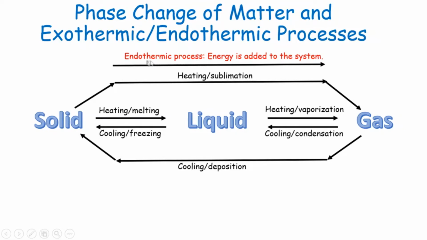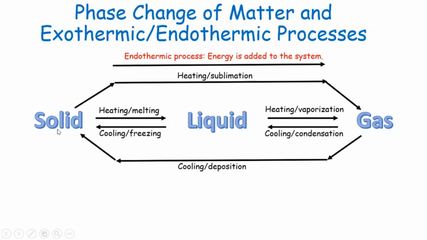So in an endothermic process, energy is added to the system. What is the system? In this case, the system is a solid, liquid, or gas. When ice receives energy in the form of heat, it melts into water. When water is heated, it again receives energy and becomes vapor. So that's endothermic.